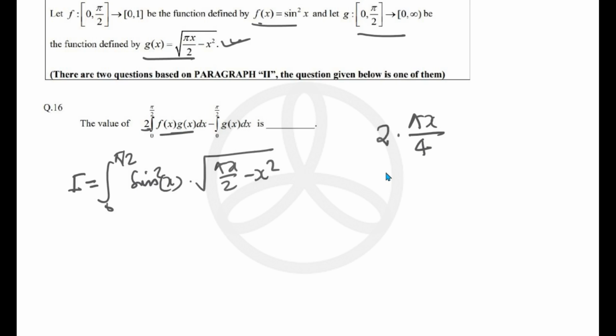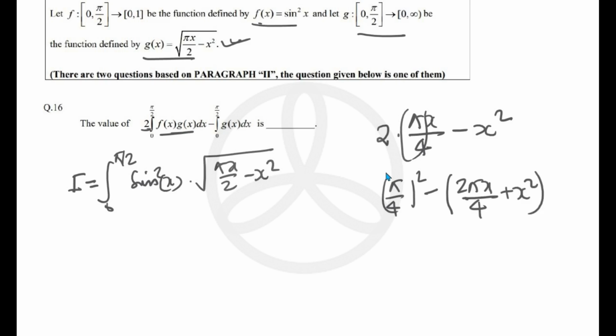And this is minus x square, which means if we put something like (pi/4) square and minus of 2 pi x by 4 plus x square, and then we put this as a plus and then we subtract this.